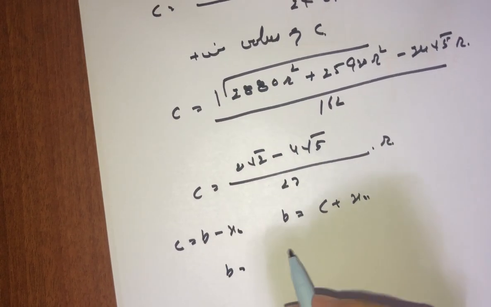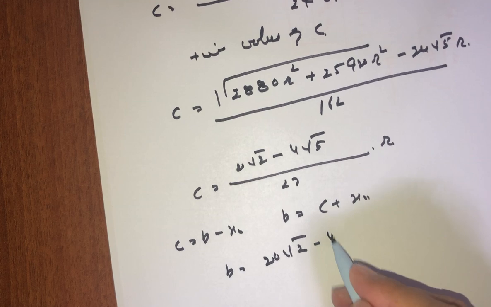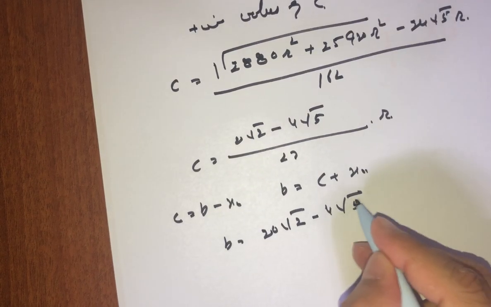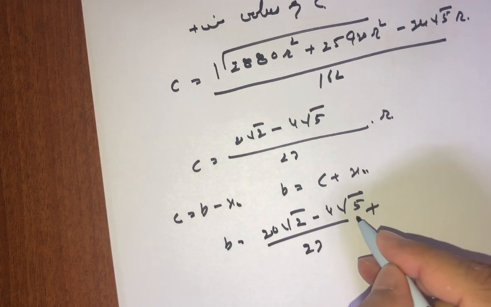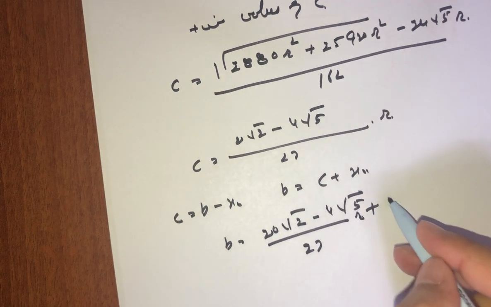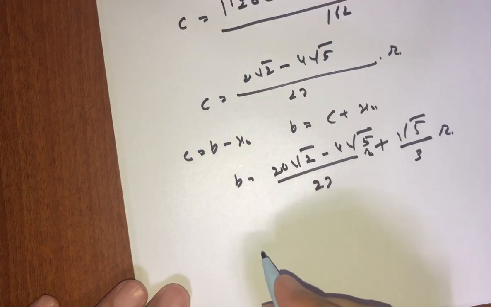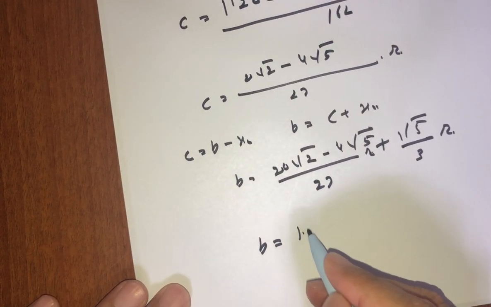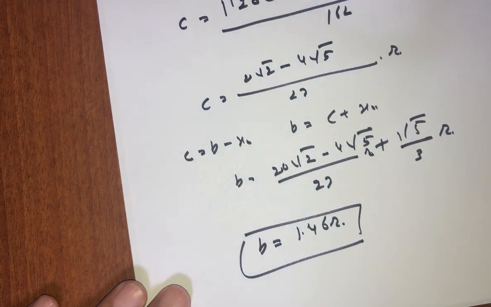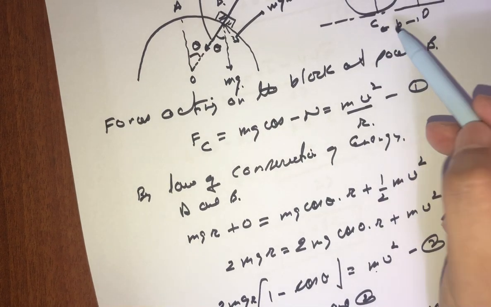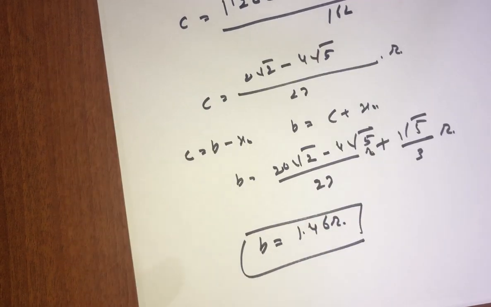Substituting the value of c, we get 20 root 2 minus 4 root 5 divided by 27, multiplied by r, plus x naught, which is given by square root of 5 divided by 3 r. So finally b will be coming as 1.46 times r. This was the required thing which we were supposed to find out: the distance between point C and D, that was b. Thank you.